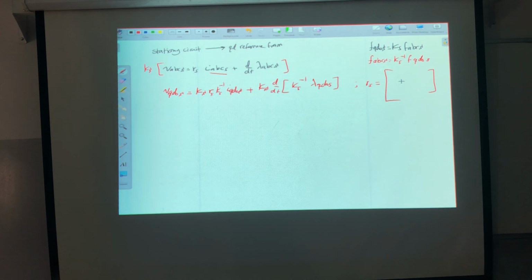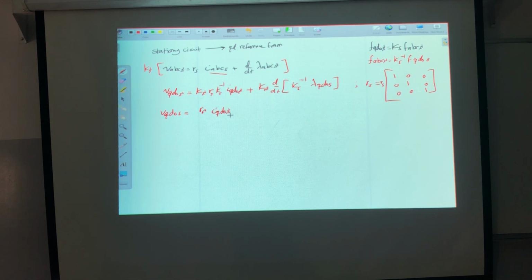So this can be written as RS as a value multiplied by the identity matrix. This means that you multiply KS by KS inverse.